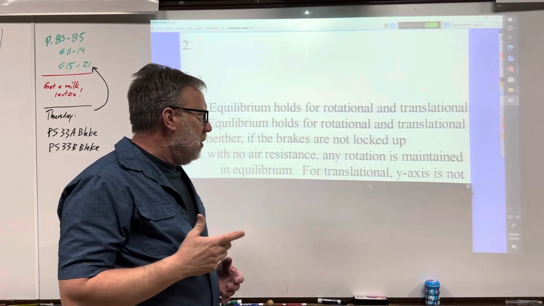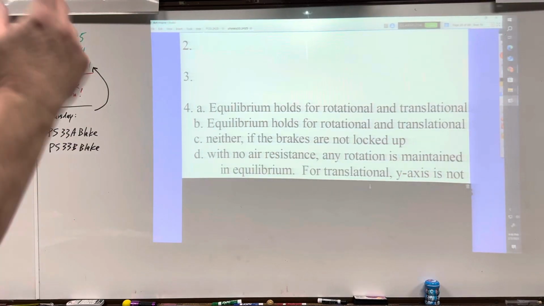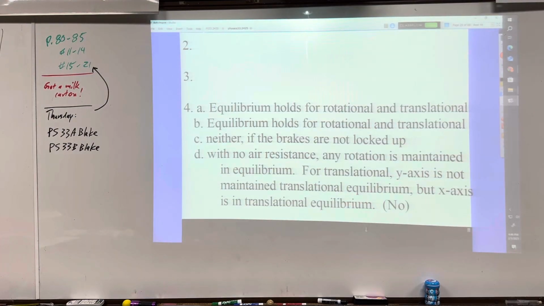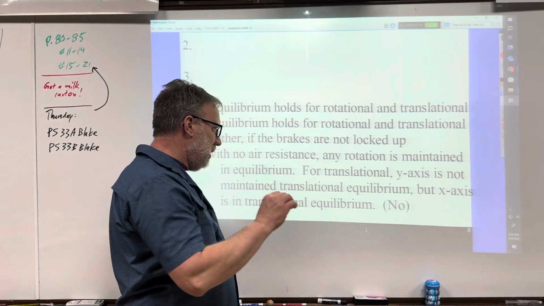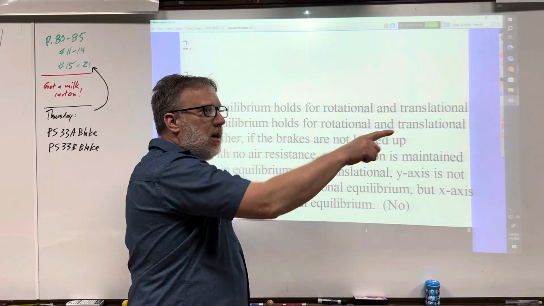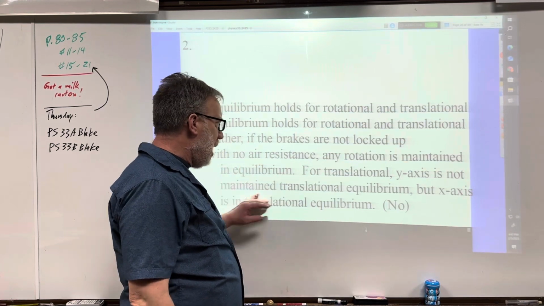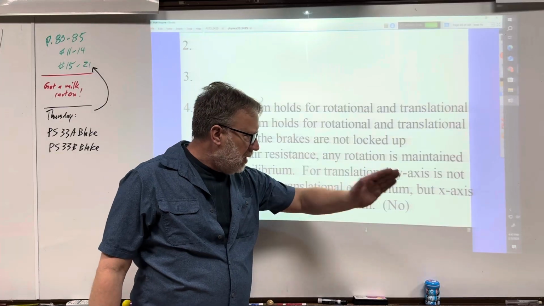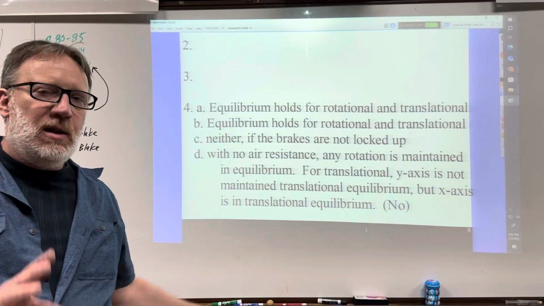That could be at equilibrium, the rotation, but it's accelerating translationally in the y-axis. It's going up and down. Interesting thing is the x-axis is a constant velocity. It is at equilibrium. But when you add all this up, because part of it is not in equilibrium, then the answer is no, it's not in equilibrium because not all of it is in equilibrium.